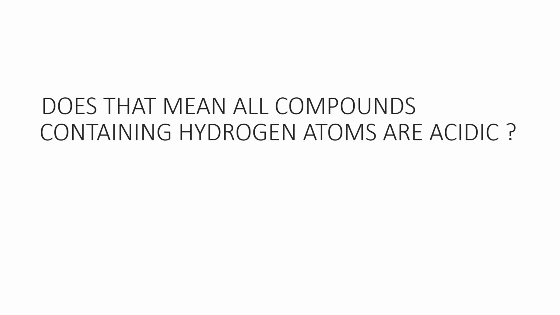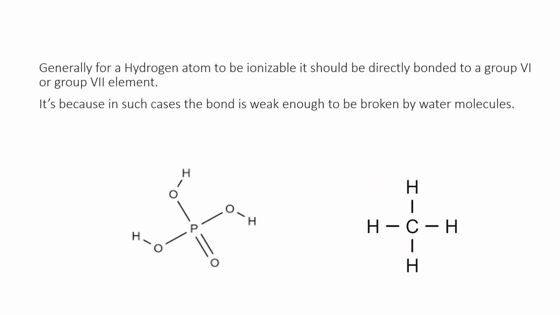So does that mean that all compounds which contain hydrogen atoms are acidic? Would substances like methane, which is a part of natural gas and also has carbon, be acidic? And the answer is no. So why are some hydrogen containing compounds acidic while others are not?